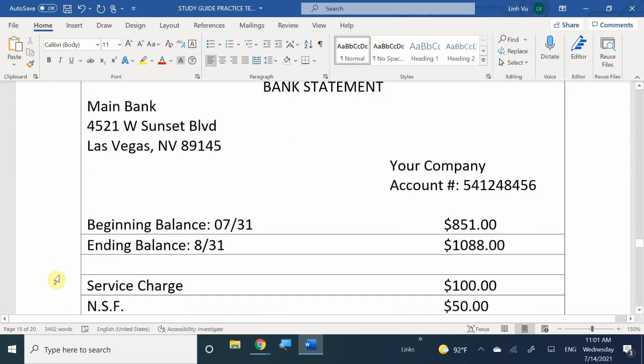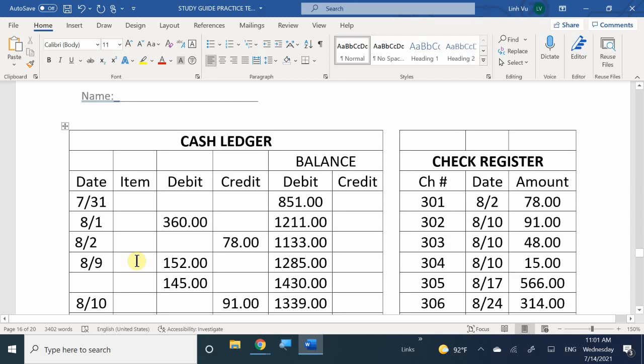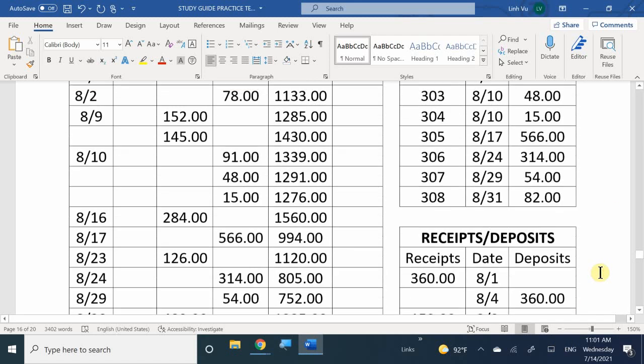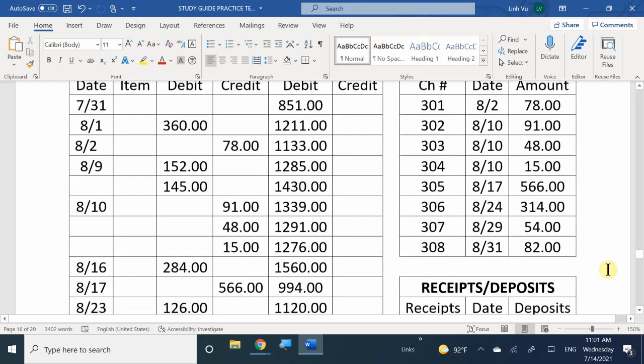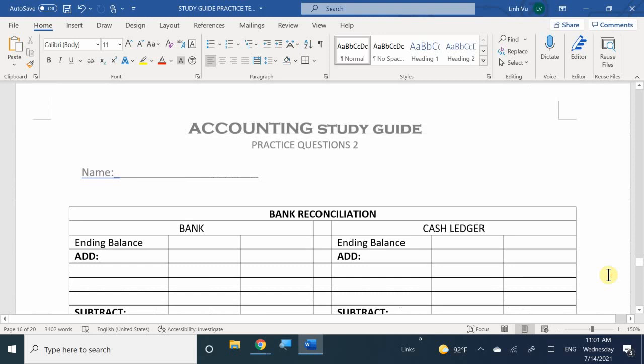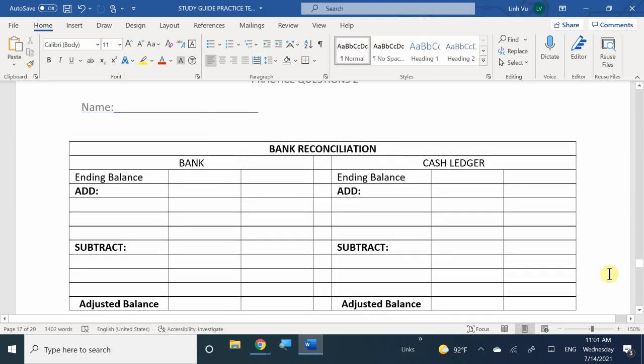Once again, you have your bank statement here, your cash ledger/check register here, and you have your deposit slips here as well as your check register. Here's your bank reconciliation. First things first, which side do you want to work on? The bank side or the cash side?